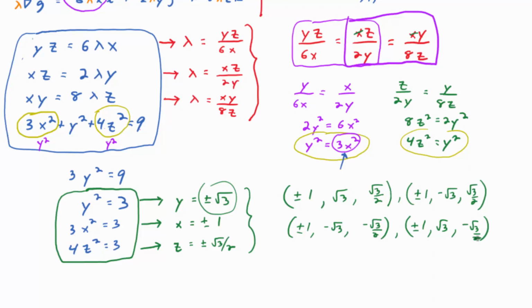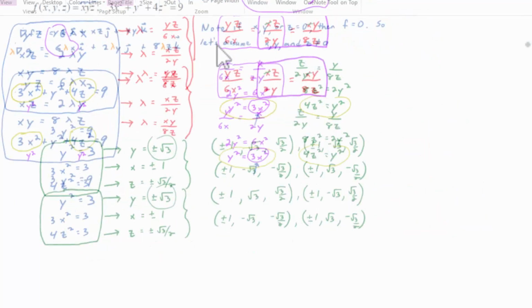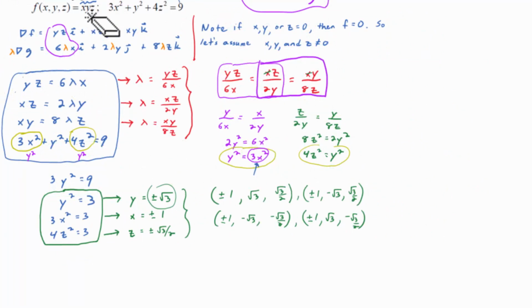Okay, are we going to need to actually compute the function values of all 8 of them? So remember what the function is. Hold on, let me take the long view here. The function is actually x times y times z, right? So you're going to get a positive value when all of them are positive, right?